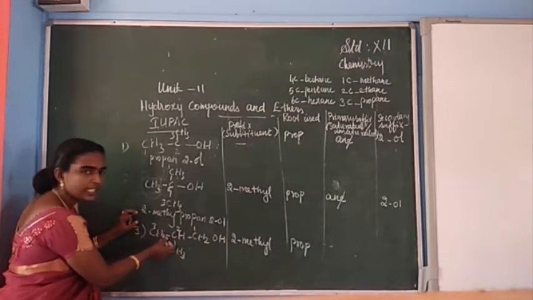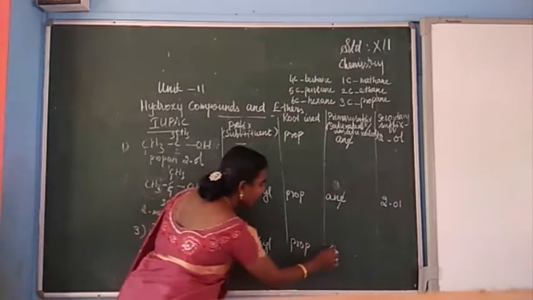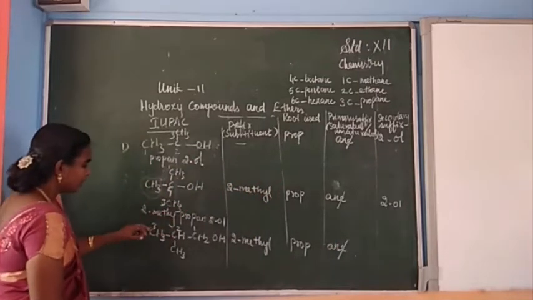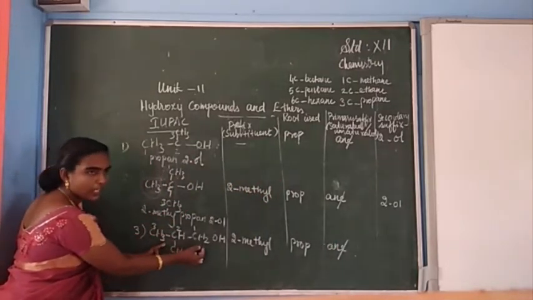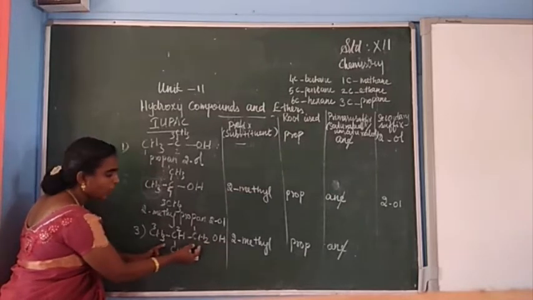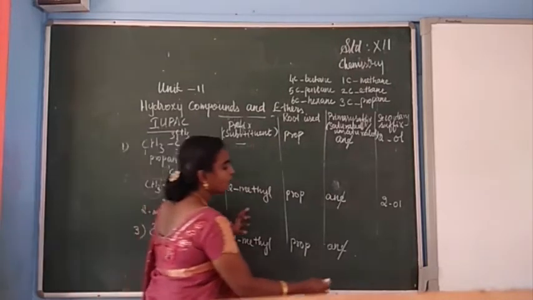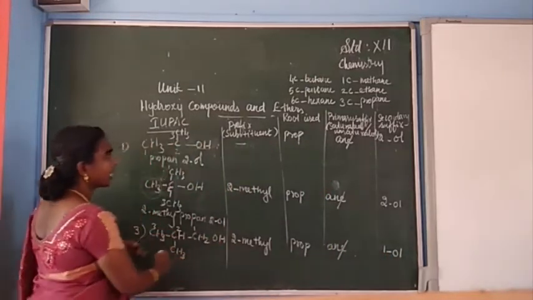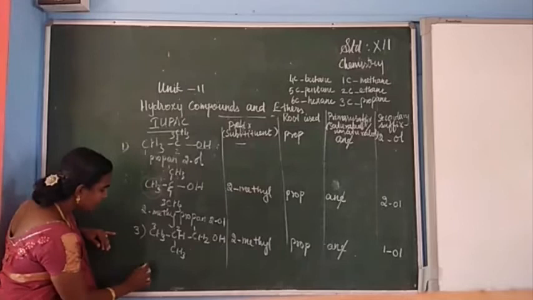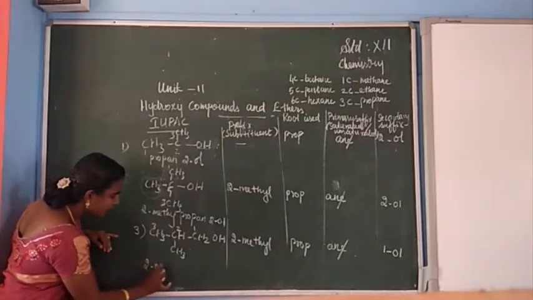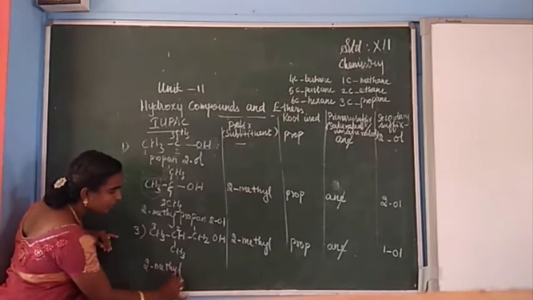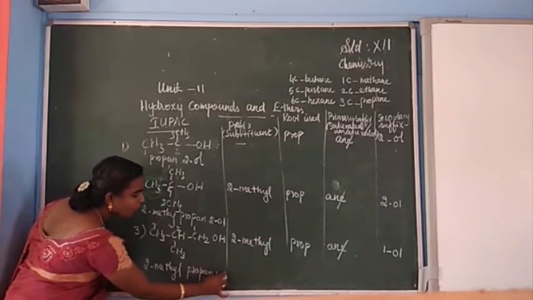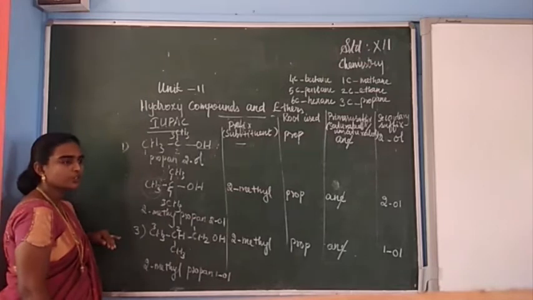All carbons in single bonds. So ANE. Next, in which position is the functional group? Along with the first carbon, 1-ol. Together we can write the IUPAC name: 2-methylpropan-1-ol. Is it clear, students?